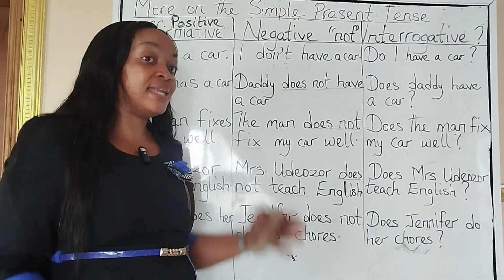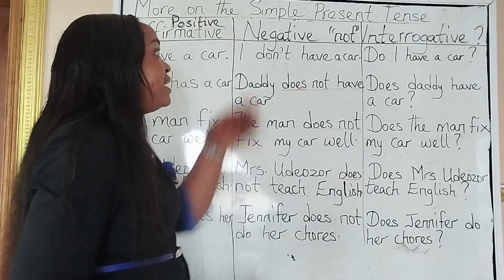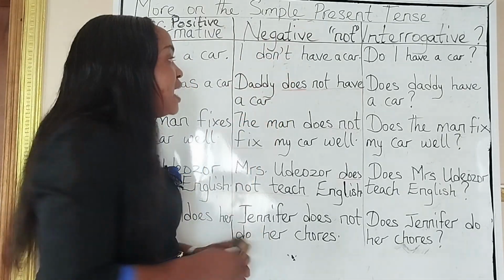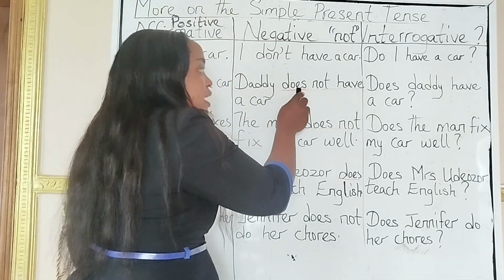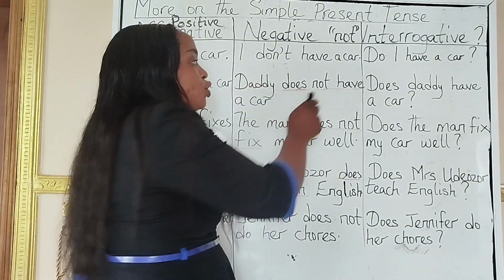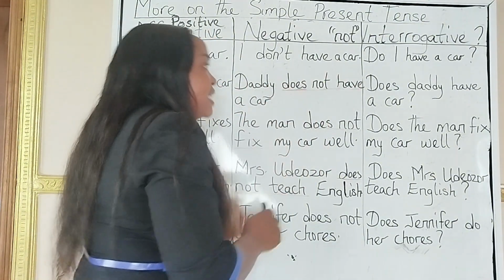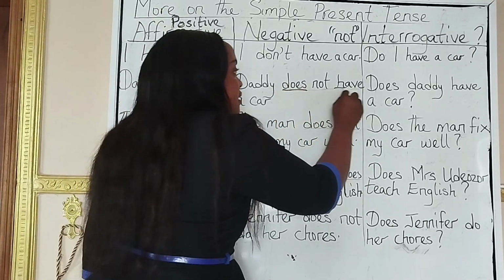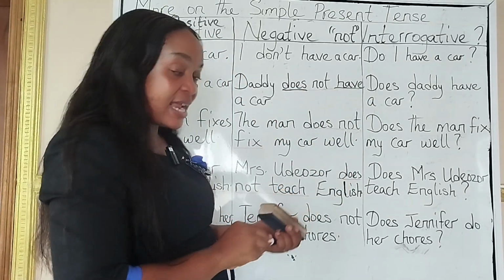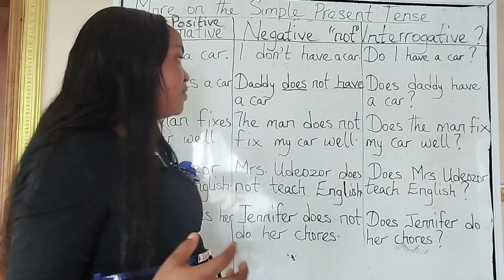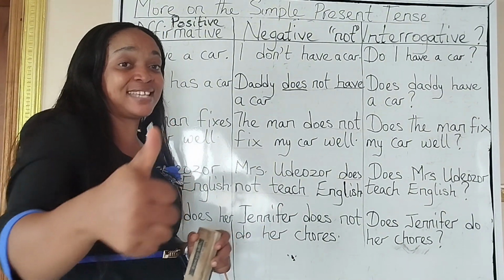Ordinarily, we are supposed to say daddy has. But once it is used as a negative and you already have this does, it has taken care of it. So you don't need to say has again. Rather, you say have. Take notes when it is negative. So we say daddy does not have a car. Are we together?